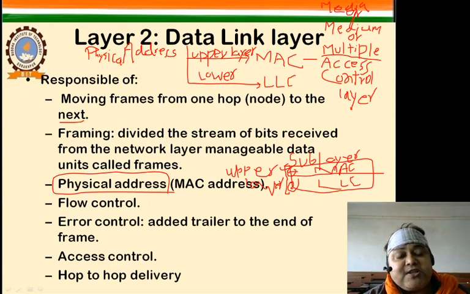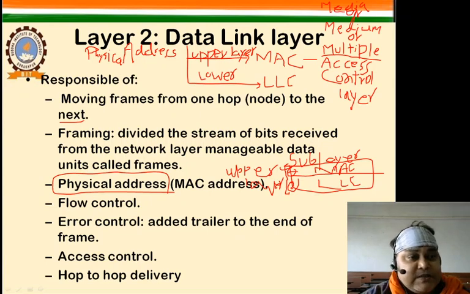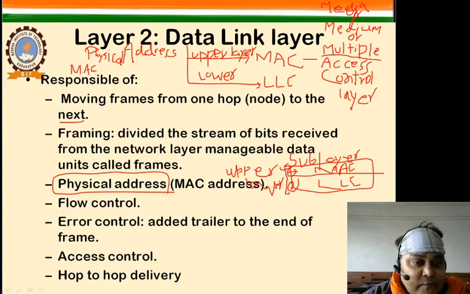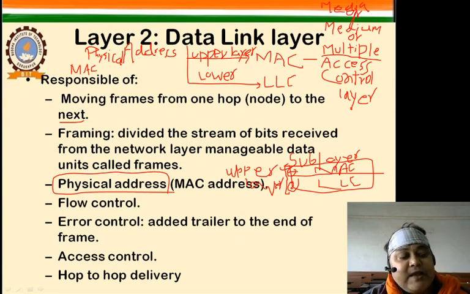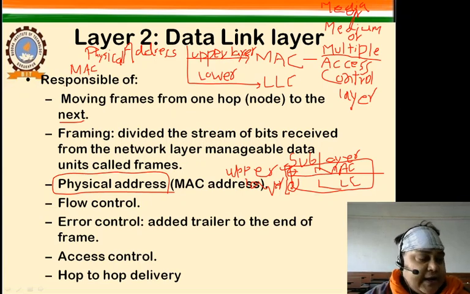So how do you distinguish one machine from another? It is necessary to give a physical addressing. So the MAC address is put in front of the different nodes.